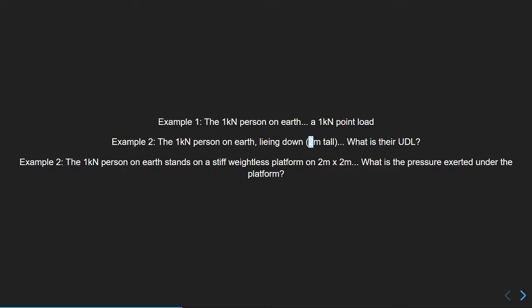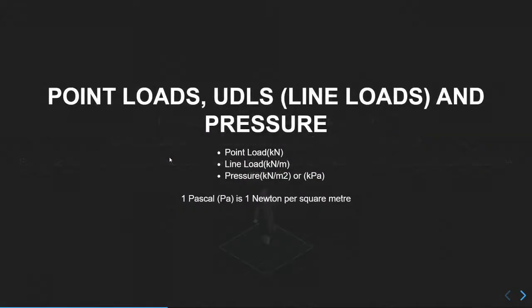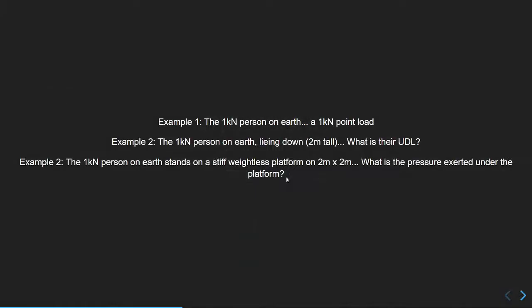And so if you think the same way, what would be the pressure applied over 2 meters by 2 meters? A quarter. Yep. And what's the unit? Kilopascal. Yep, 0.25 kilopascals, right?